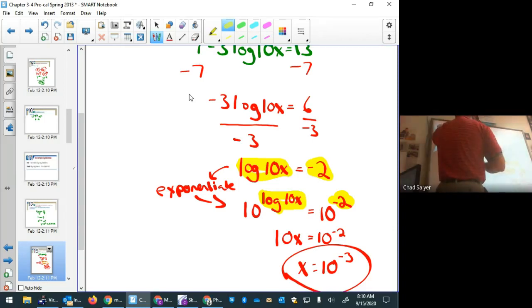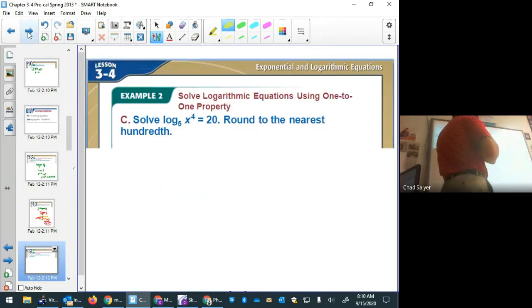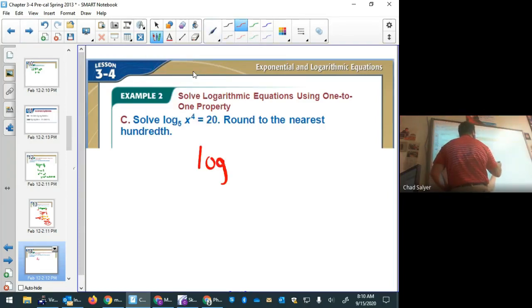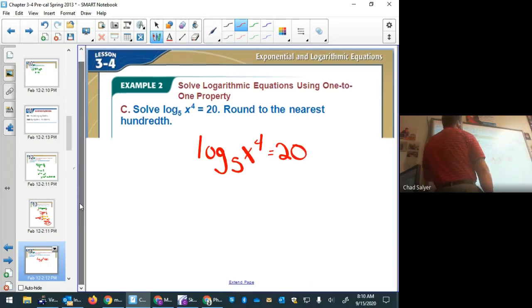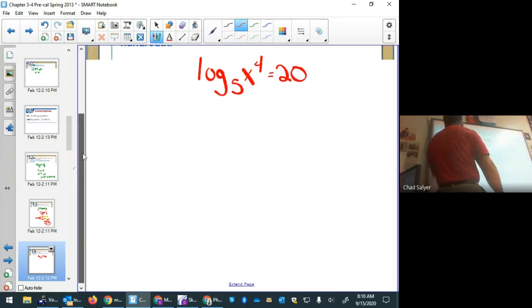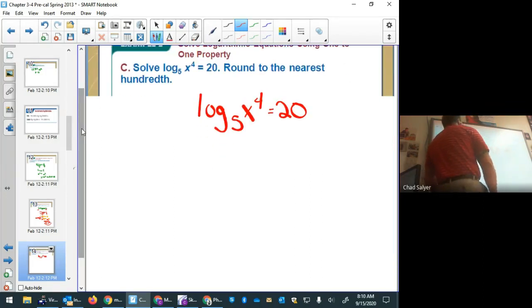All right. So, a little more funky example here. Log base 5 of x to the 4th power equals 20.